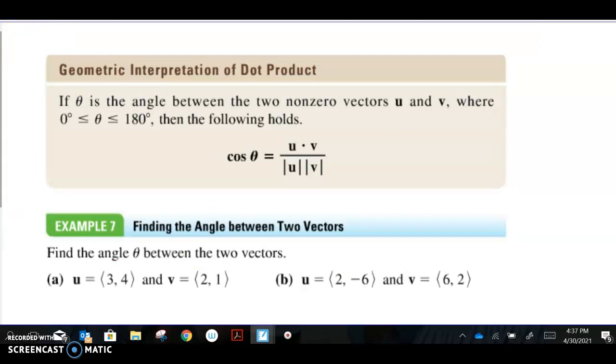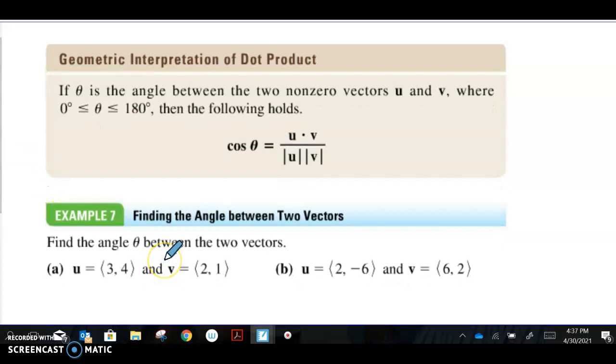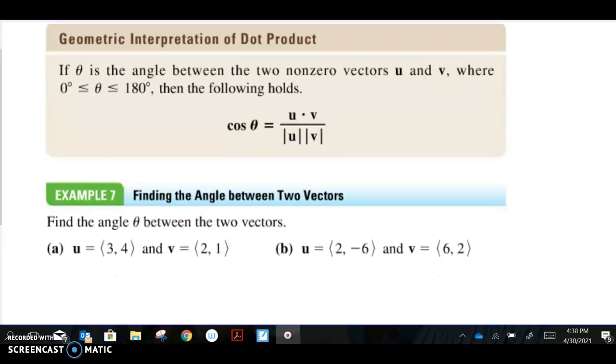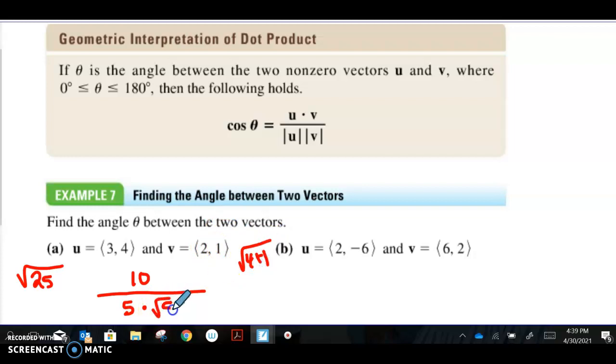Now, the geometric interpretation of the dot product is a little different. We have the cosine of theta equals the dot product divided by the magnitude of each. To find the angle between these two vectors, I'm going to take the dot product. What would that be? 6 plus 4, that's 10, divided by the magnitude of u, which is the square root of 3 squared plus 4 squared, 9 plus 16, the square root of 25, which is 5, times the square root of 2 squared plus 1 squared, the square root of 5.